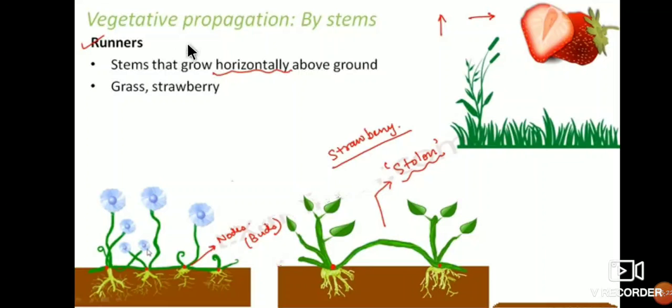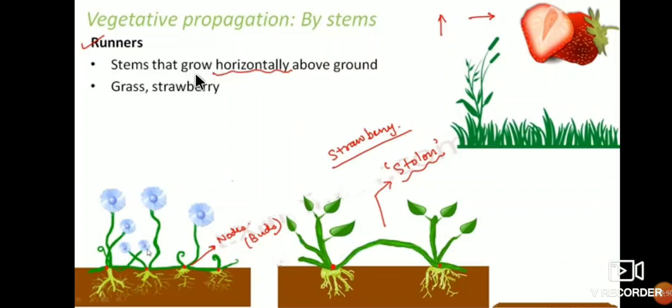Next one, vegetative propagation by stems. See here, the connection goes from this stem to this stem. The stem will be extended, and at the end of the node, roots will develop and a new plant will grow. Here also the stem will be extended, and at the nodes or buds roots will develop, and it grows like this.